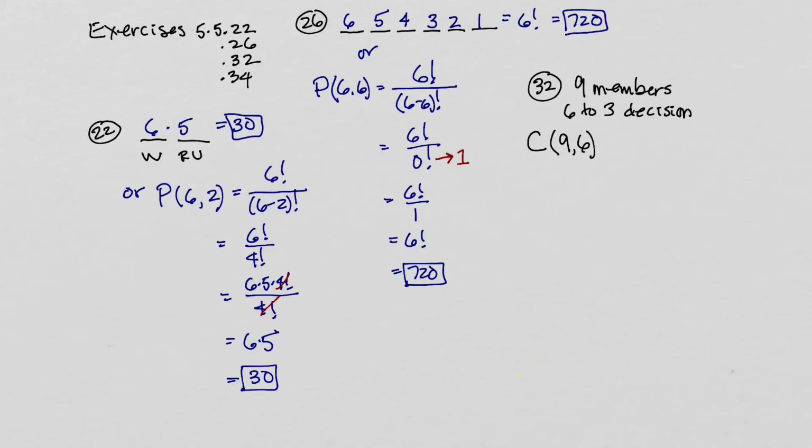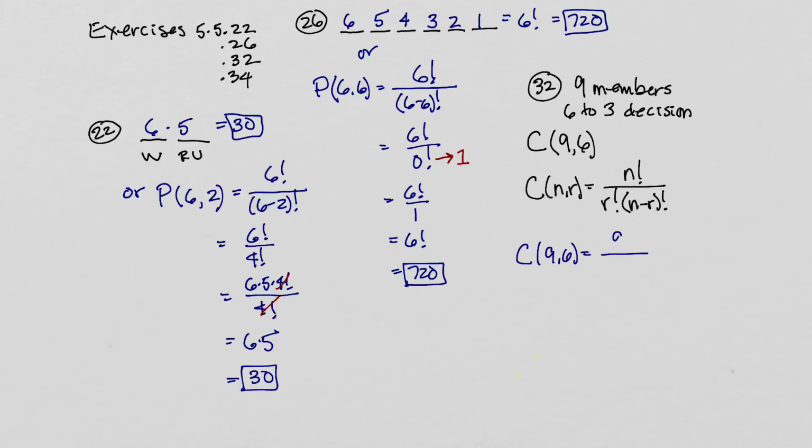We have a formula for combinations. The combination of n choose r we can write as n factorial, the total number of objects, on top. In the denominator, we put the number that we're going to use, r factorial, times the number that we're not going to use, n minus r factorial. In our case, we're computing 9 choose 6.